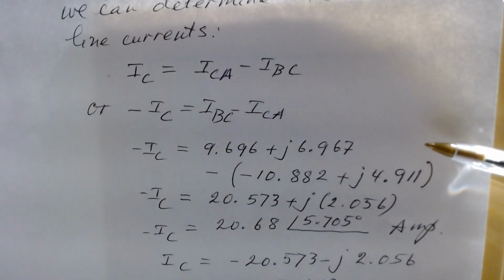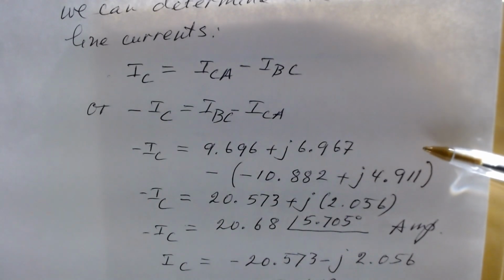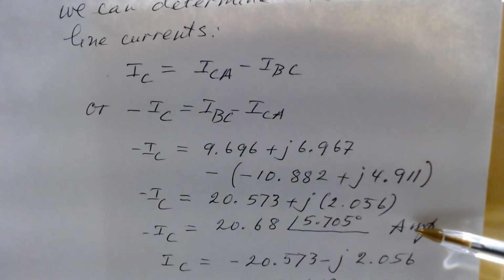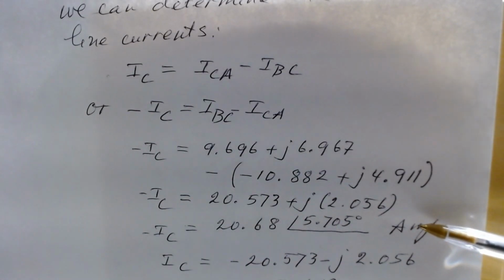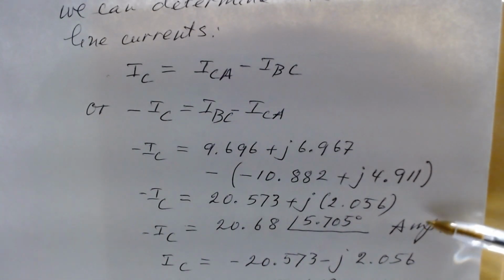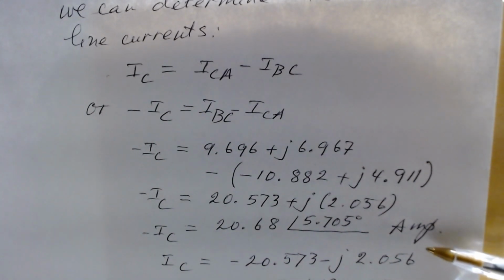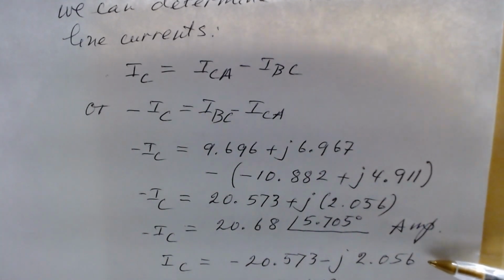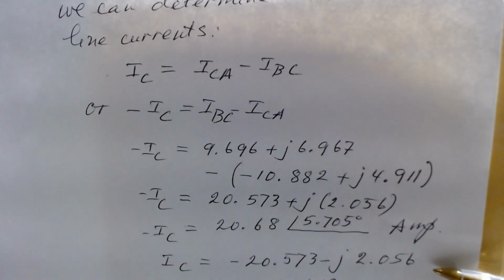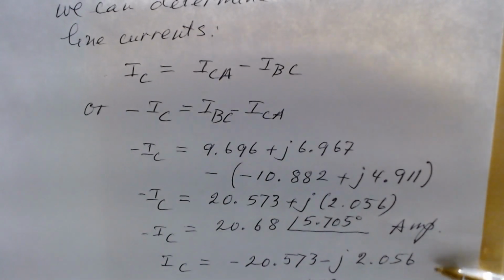You make the subtraction of the rectangular form and you will get minus IC current equal to 20.68 with an angle of 5.705. And in the rectangular form, IC is equal to minus 20.573 minus J2.056 here.